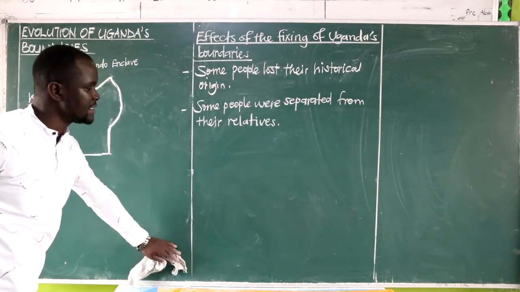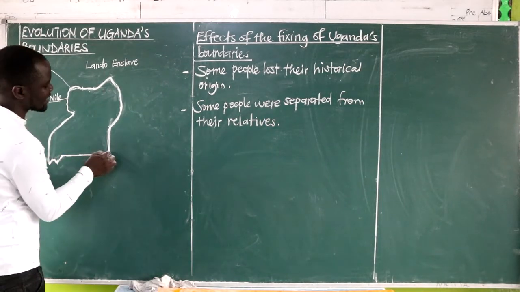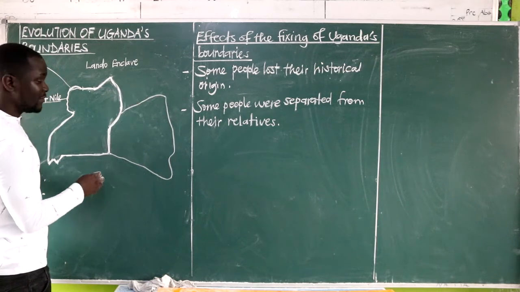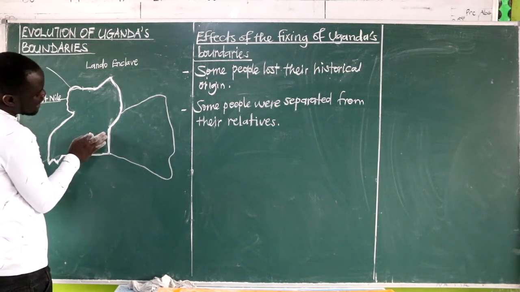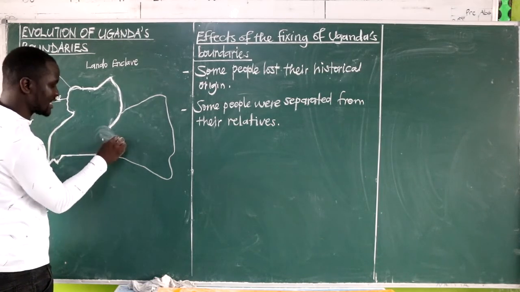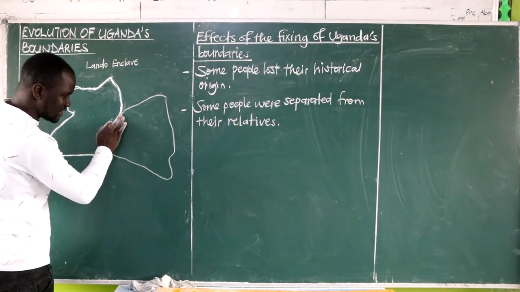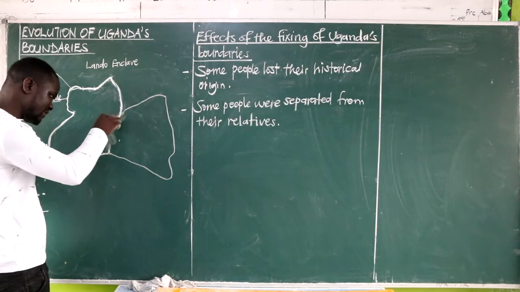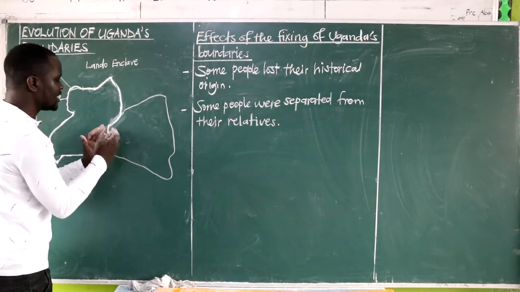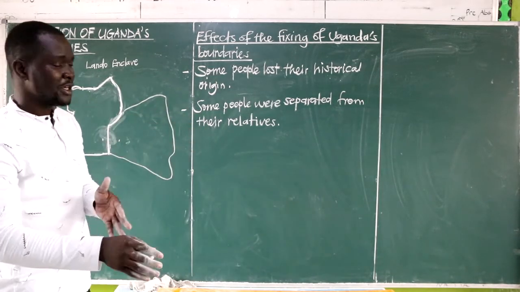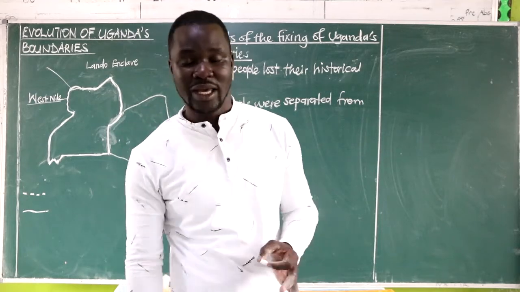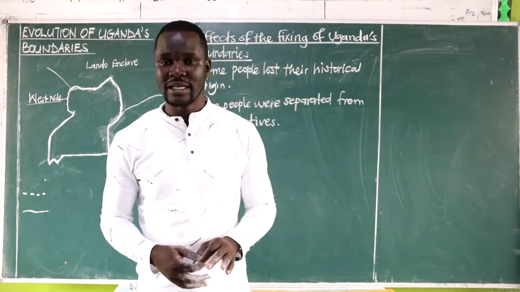Now, what I mean here is we were having Uganda extending up to the Nyanza province, all this area. Now, if there have been people who are living here and some of the family members have been this side, they have been living as one country, and now because the border has been fixed here, these people are now separating. You who are this side, you are now belonging to the other government. You who have remained here, you are now the ones remaining to be Ugandans. That's why we are saying that some people were separated from their relatives.